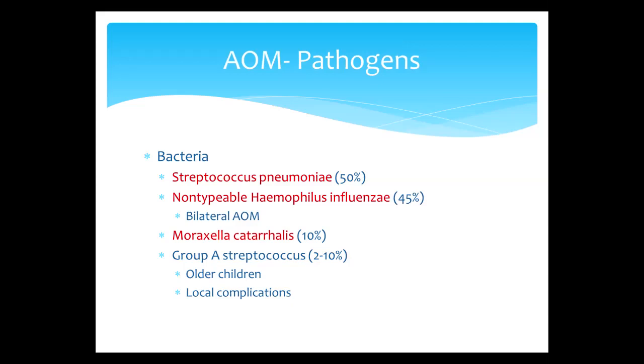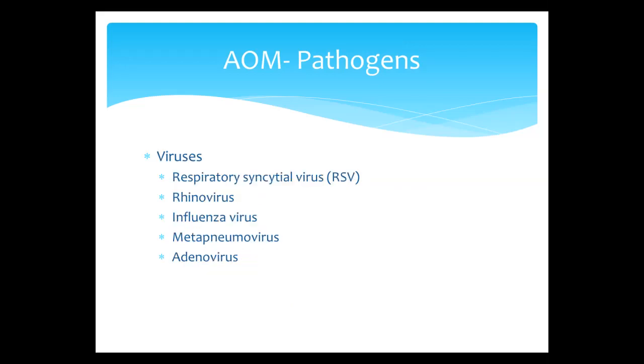Again, we're not immunizing for Moraxella, so we may see these numbers change in the future. And then group A strep kind of picks up the rest of them, but it's usually with older children. Viruses, primarily respiratory syncytial virus and rhinovirus, although we can see this with the flu, metapneumovirus, and adenoviruses.